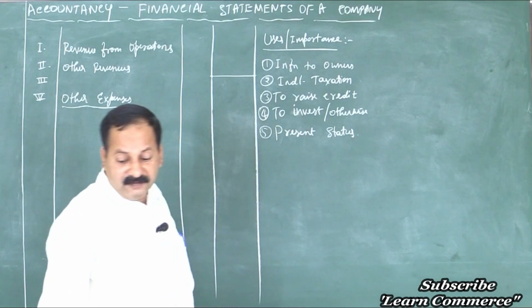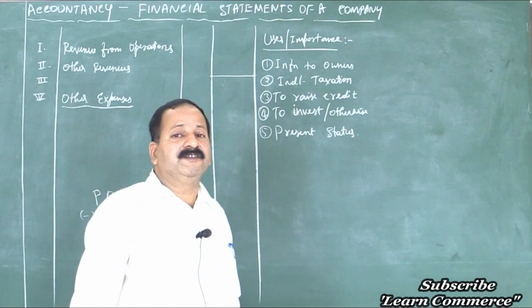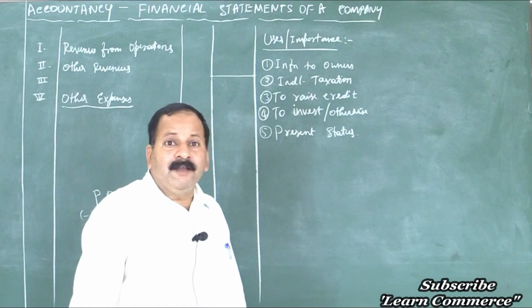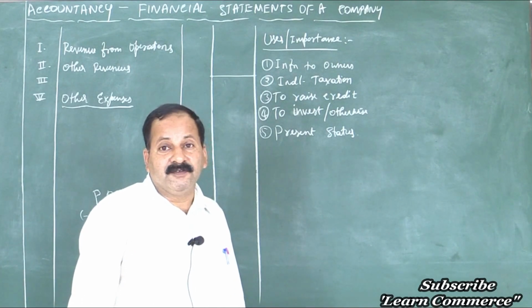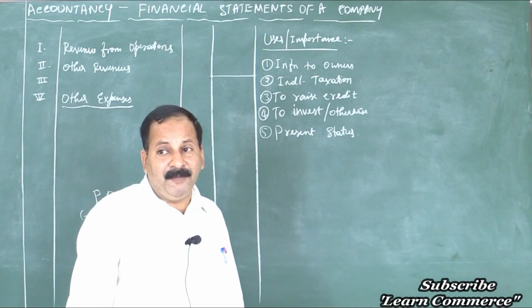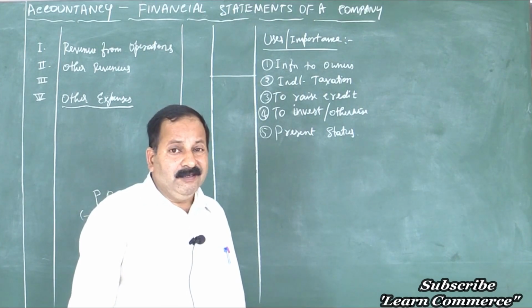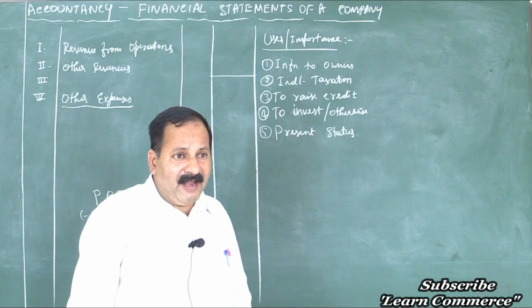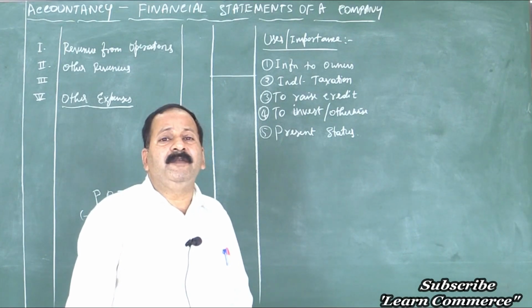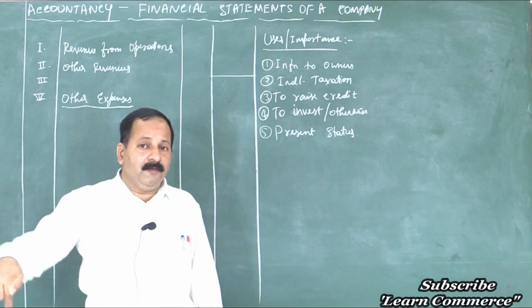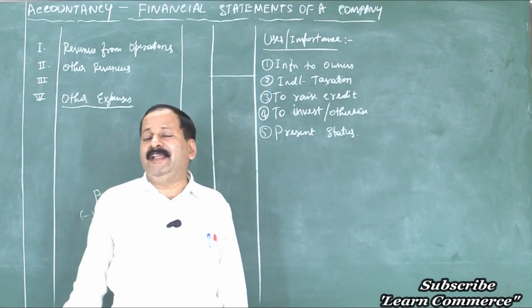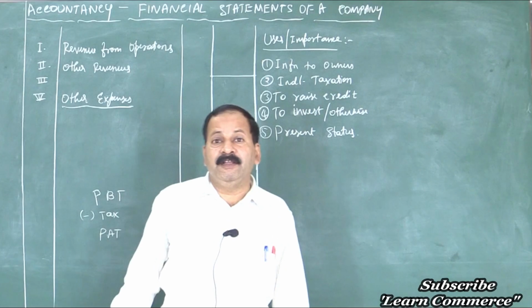But there is a lacuna, a weakness. Some companies window dress the balance sheet sometimes to mislead the shareholders. So the actual value will be inflated, and inflated figures will be disclosed in the balance sheet. Actually, if you physically verify, that will not be there in the company.